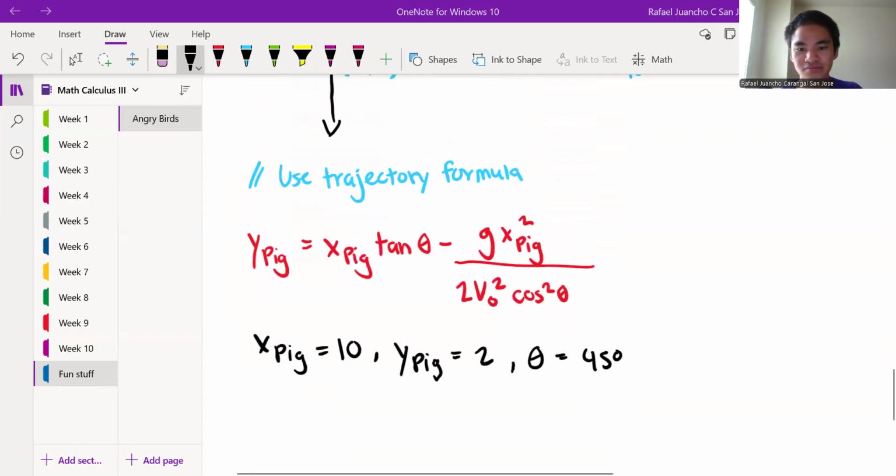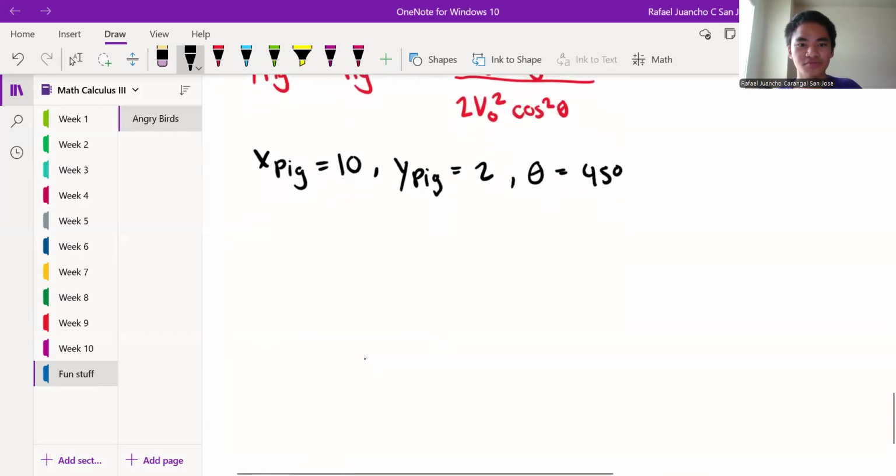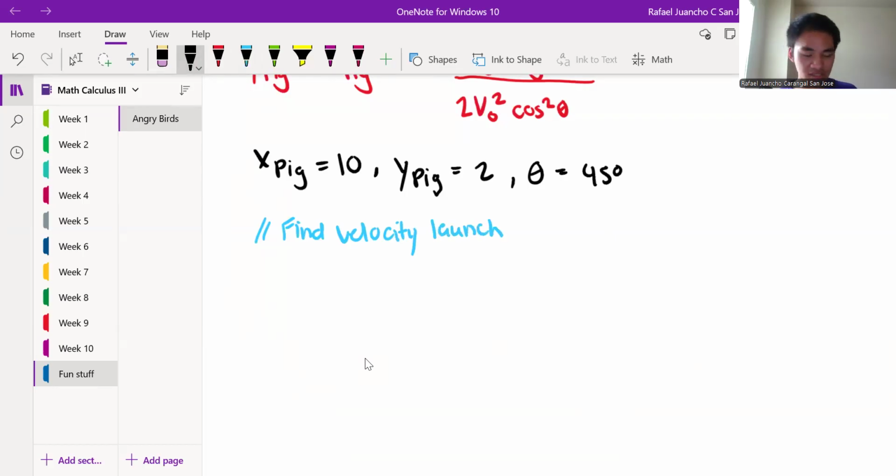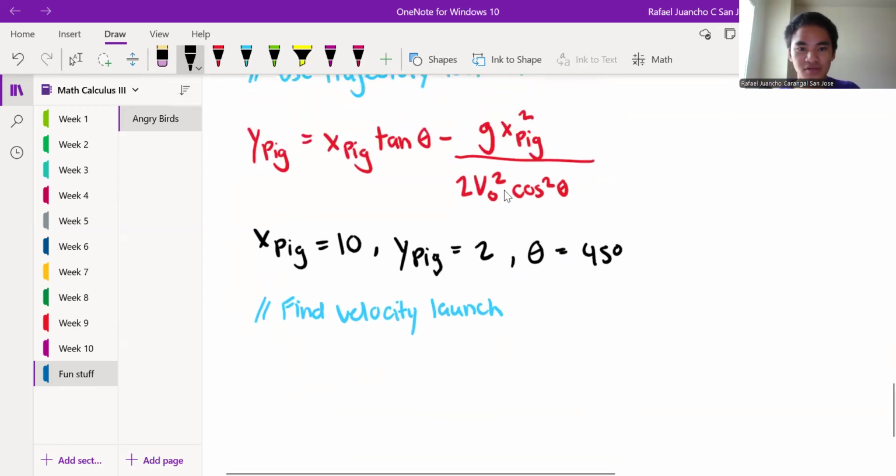So we want to hit the pig. We need to find our initial velocity, right? Or our velocity launch, I mean. So for our velocity launch, we just plug in everything.